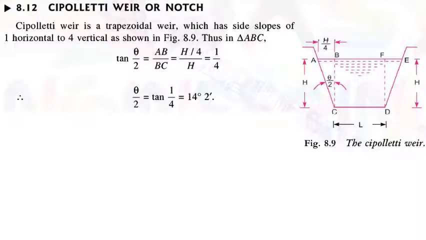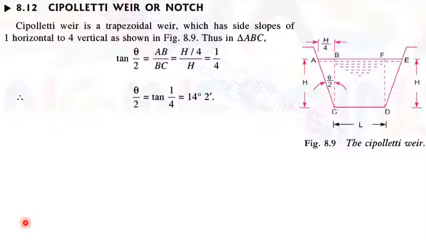Hello students, in this video we will see about the Cipoletti weir or the Cipoletti notch, which is a trapezoidal weir. That means it has a trapezoidal shape. The side slope of the weir is in such a way that one horizontal to 4 vertical is the slope of the sides AC and DE.